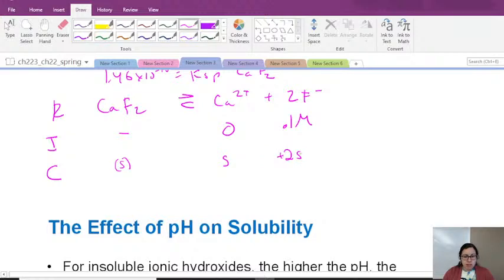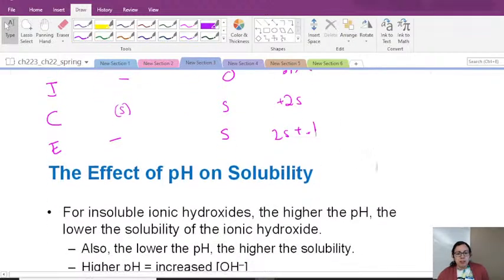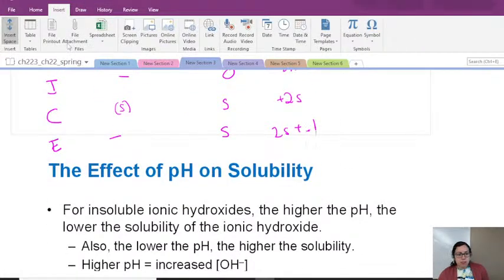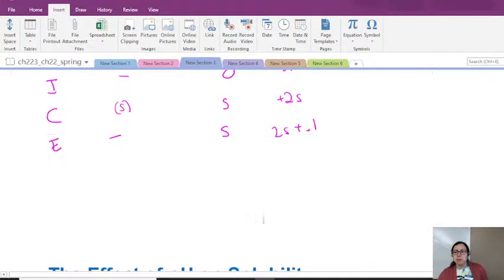Perfect, 2S. So now we have our equilibrium values like before: S and 2S plus 0.1. Hopefully this reminds you of all the fun math we've been doing.